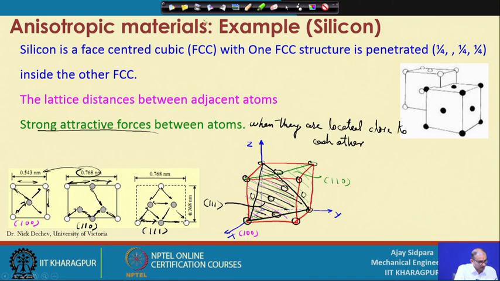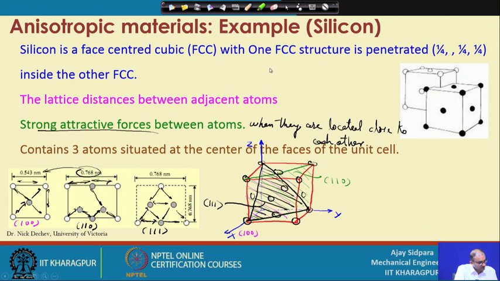Apart from this, another important thing here is that it contains 3 atoms situated at the center. So, now if you see here, these are the 3 atoms which are located at the center face of the unit cell. So, what happens is that if the atom is inside the material, it is very difficult to break or dislodge. The side atoms are very easy to remove.